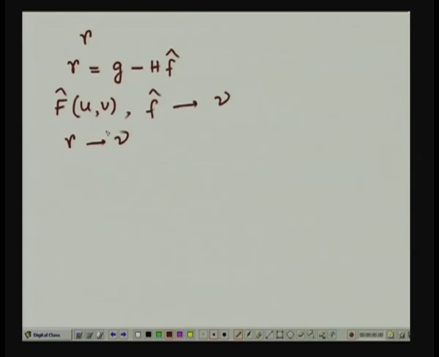Now, if I define a function, say phi of gamma, which is nothing but R transpose R, or the Euclidean norm of R, it can be shown that this function is a monotonically increasing function of gamma. That means, whenever gamma increases, this Euclidean norm of R also increases. If gamma decreases, the Euclidean norm of R also decreases.